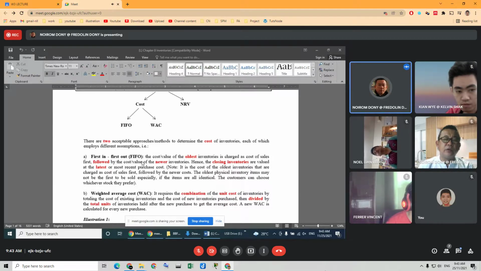The definition: the cost or value of the oldest inventory, because January is the oldest, is charged as cost of sales first, followed by the cost value of the newer inventory. Hence the closing inventory is valued at the latest or most recent purchase cost.